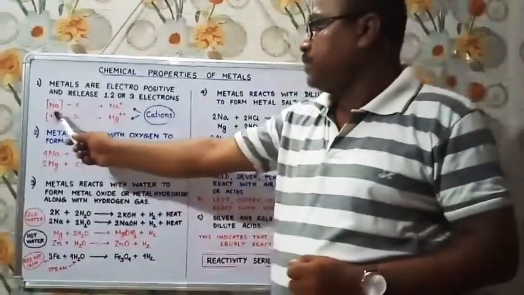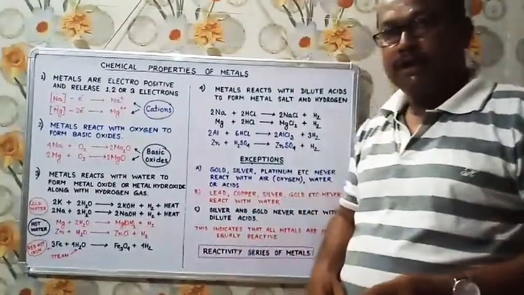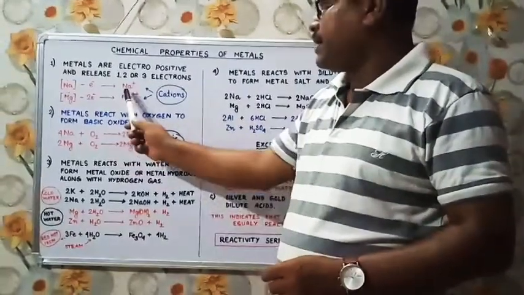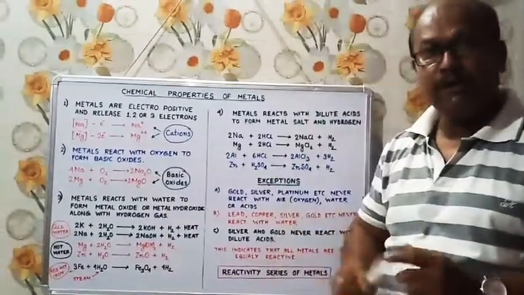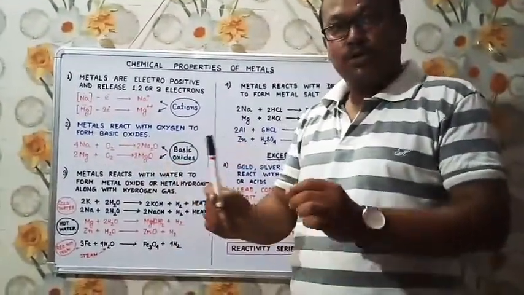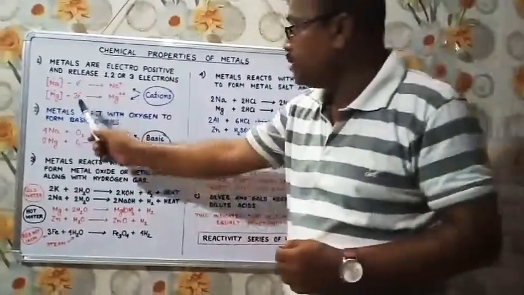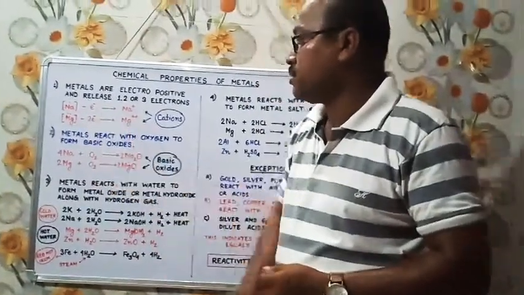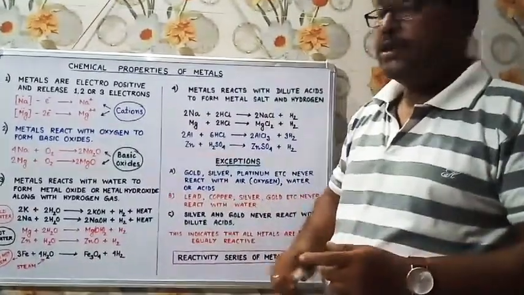For example, if we take sodium atom, it has only 1 electron in its valence shell, so it releases that electron and thereby gets a stable electronic configuration and gets converted to sodium positive ion. Accordingly, magnesium, which has 2 valence electrons, has to release the 2 electrons, and you can see magnesium atom releasing the 2 electrons and getting converted to magnesium double positive ion.